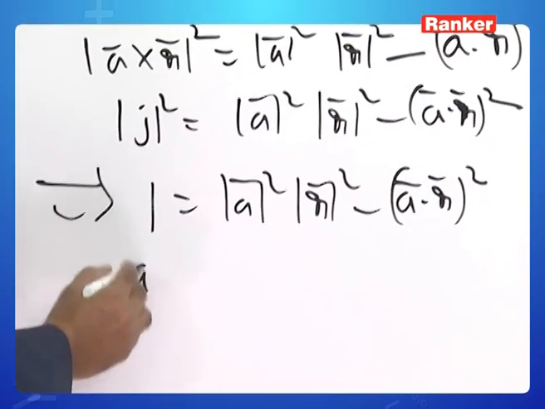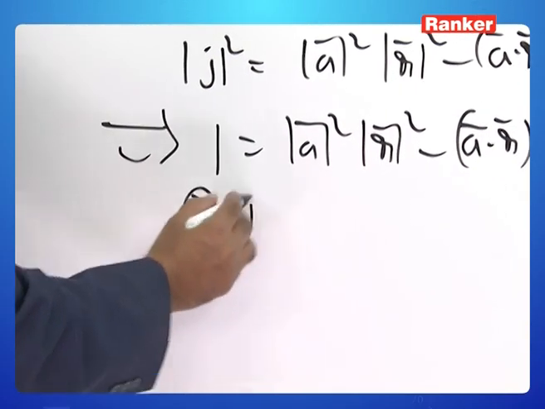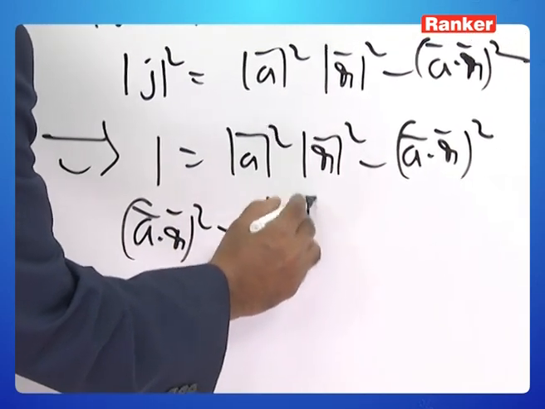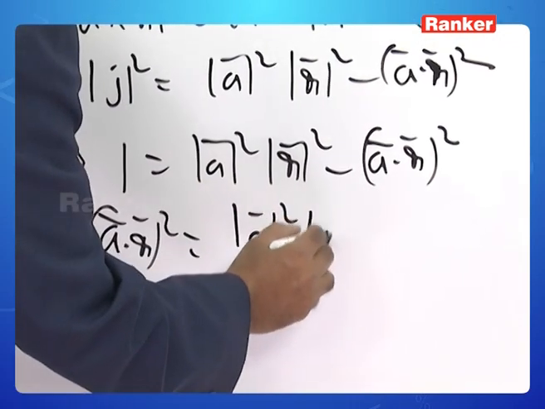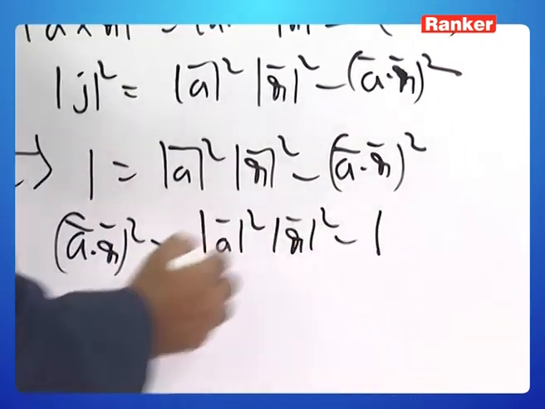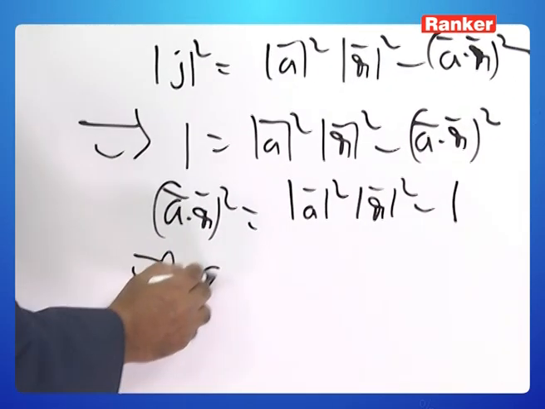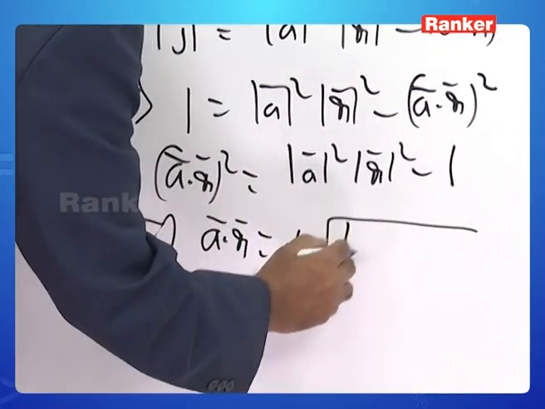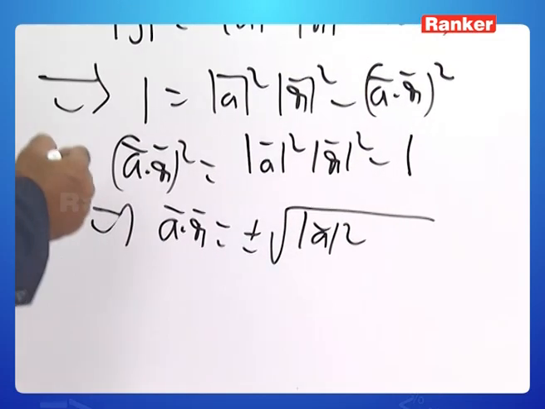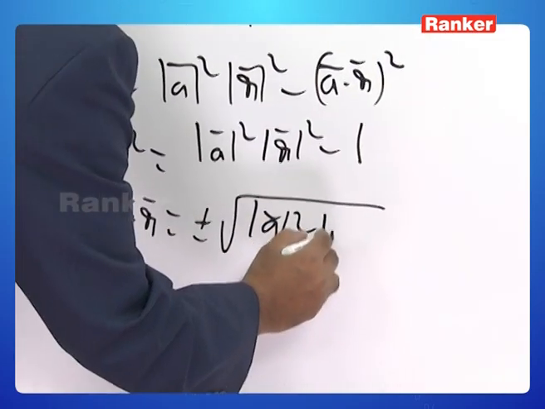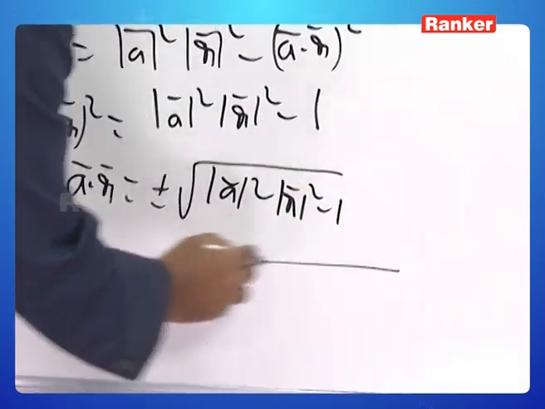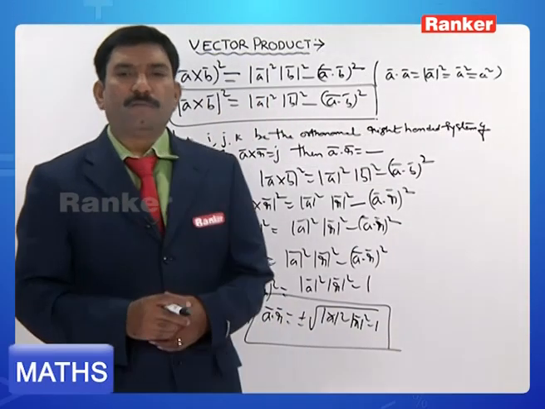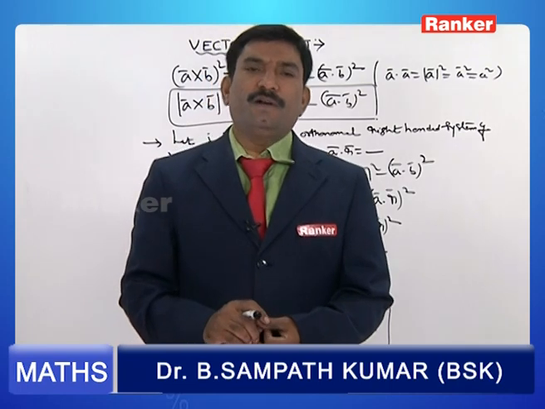So therefore, (A bar dot R bar)² is equal to |A bar|²|R bar|² minus 1, which implies A bar dot R bar is equal to plus or minus square root of |A|²|R bar|² minus 1. This is the value of A bar dot R bar.